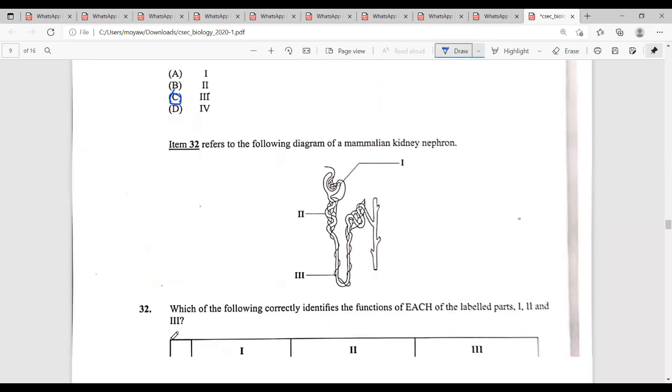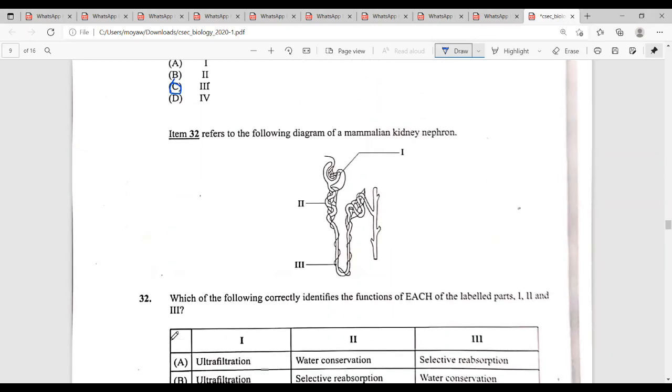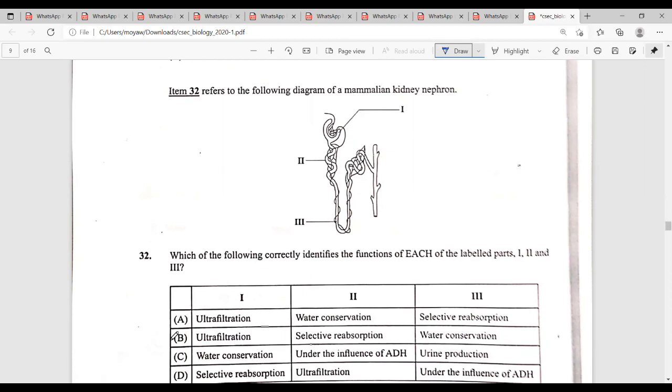Question 32. Item 32 refers to the following diagram of a mammalian kidney nephron. Which of the following correctly identifies the functions of each of the labeled parts 1, 2, and 3? This is also a repeated question.